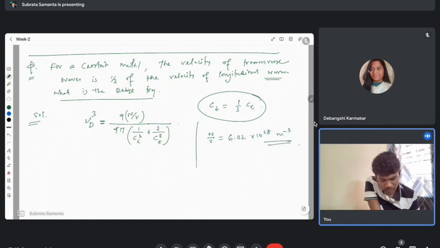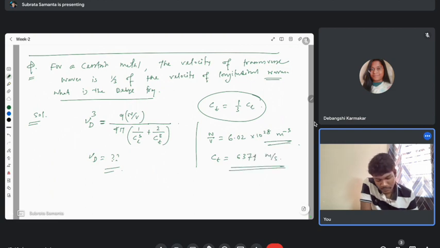Then we can calculate nu D, there is no problem, because all the quantities are known. Once you know c_l or c_t, either one, let's say c_t is 6374 meters per second, then the complete data is given, so you can calculate.